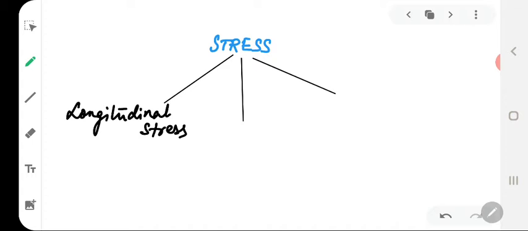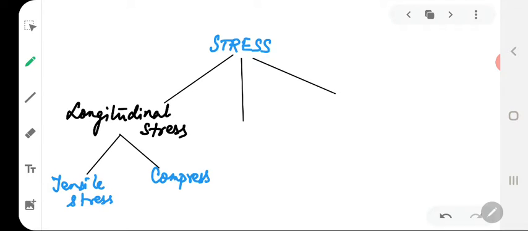Now it is further categorized into two types. The first one being tensile stress, and the second one being compressional stress.